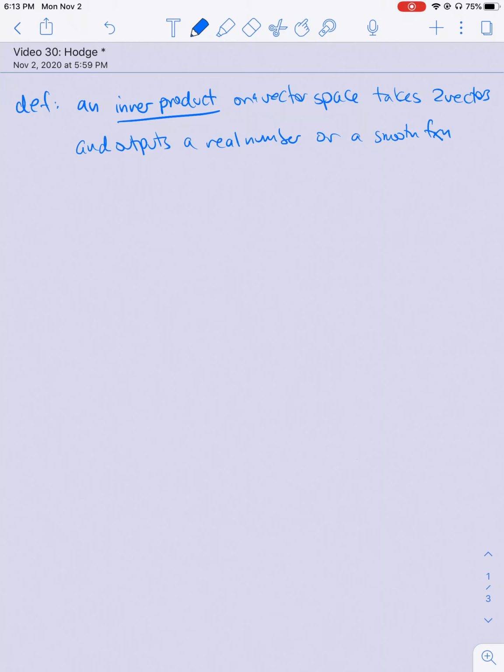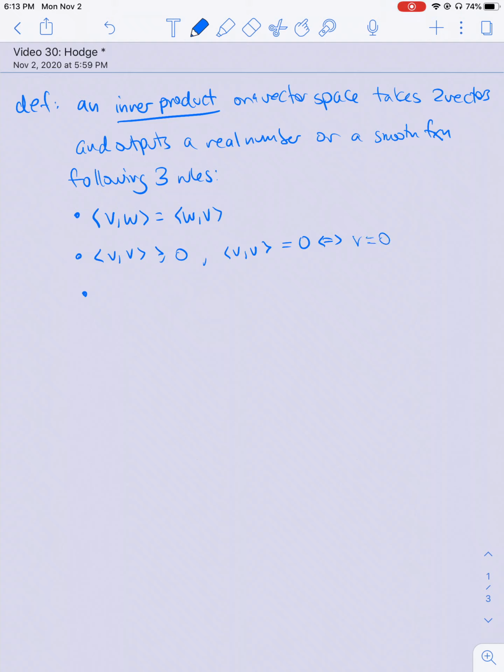An inner product has to follow these three rules. It has to be symmetric. It has to be positive definite, so the inner product of a vector with itself is zero only if the vector is actually the zero vector.